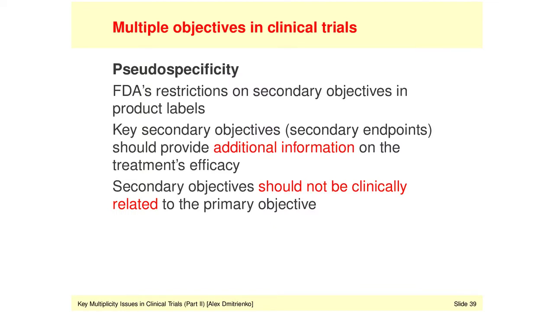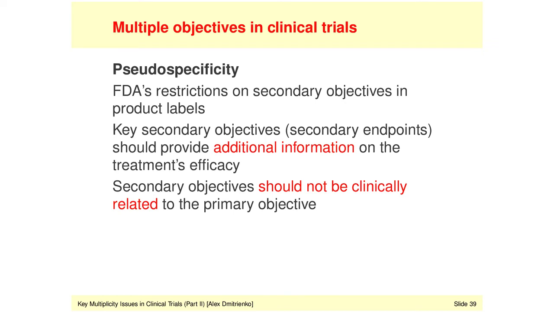Pseudo-specificity is an interesting concept that arises in clinical trials with hierarchically arranged multiple objectives, which includes primary objectives and secondary objectives. And in very simple terms, pseudo-specificity reflects the Food and Drug Administration's restrictions on the use of secondary objectives in product labels.